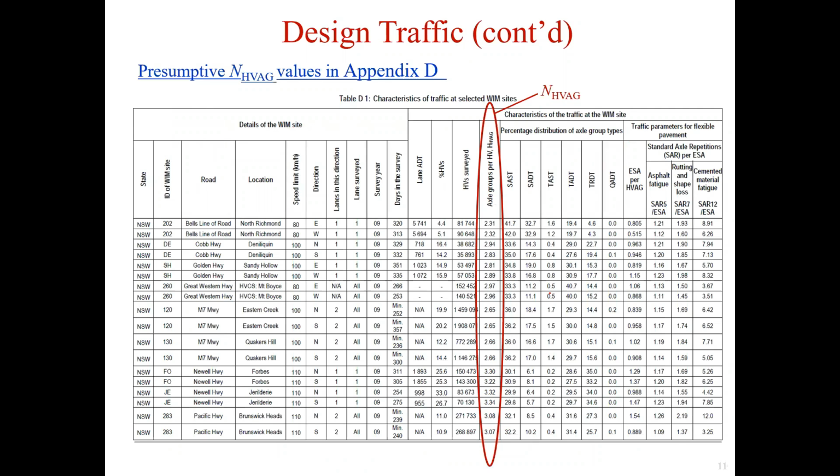As shown for one example here, the presumptive NHVAG could be found from table D1. These are the statistics for different heavy vehicle locations of NSW. So we can refer to this table to find the corresponding NHVAG value.